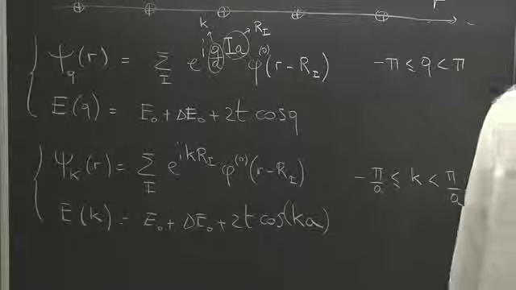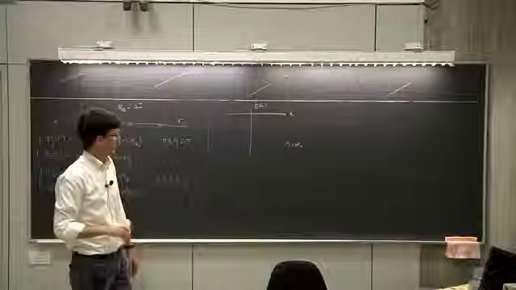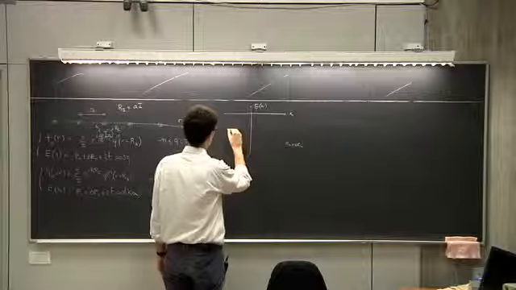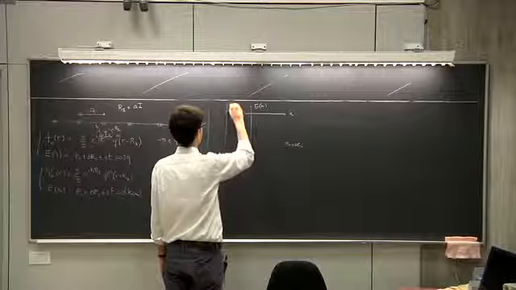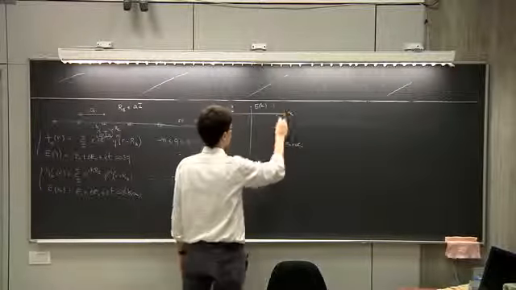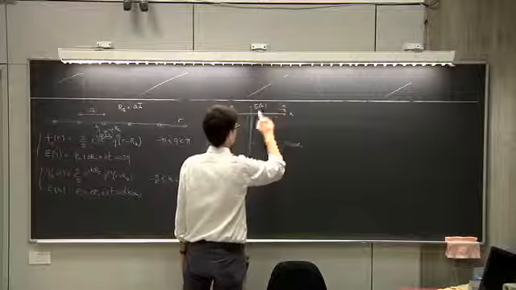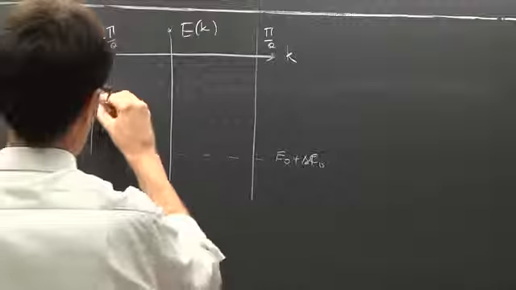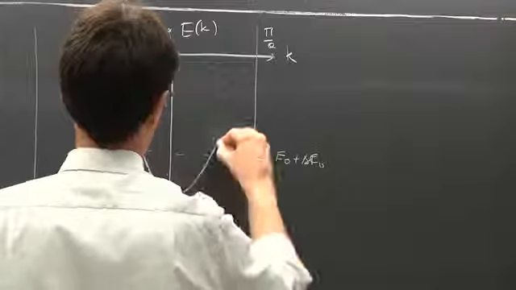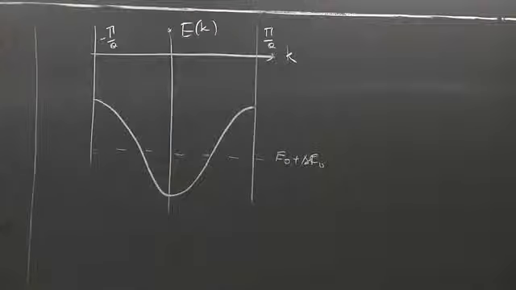Now I'm putting E naught plus delta naught as a negative number. This is minus pi over a. This is pi over a. We're now as a function of k, and this is the energy as a function of k.